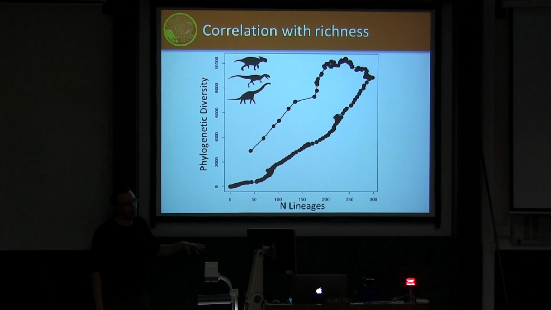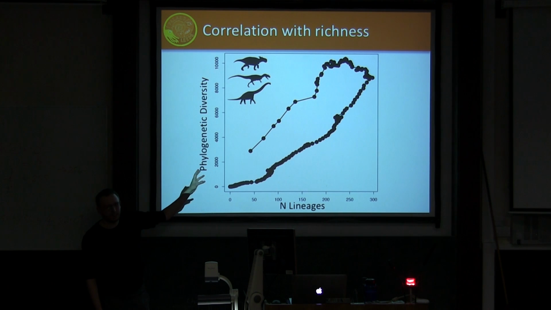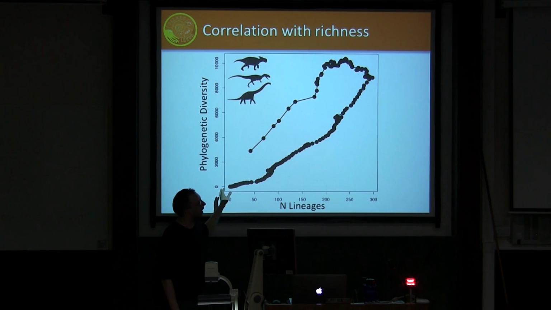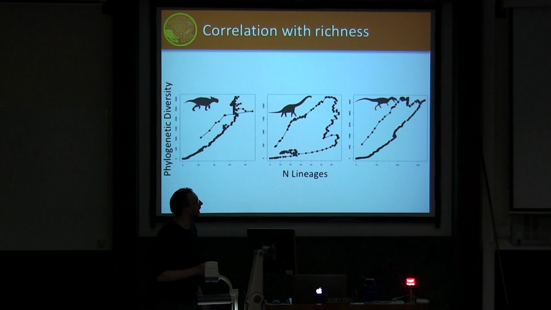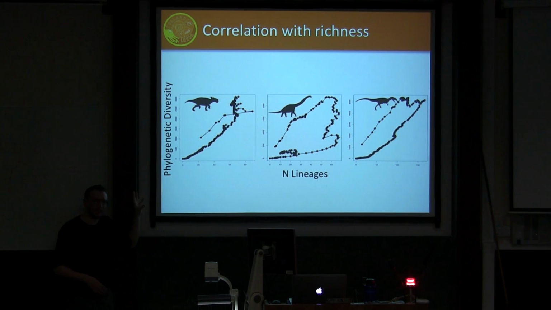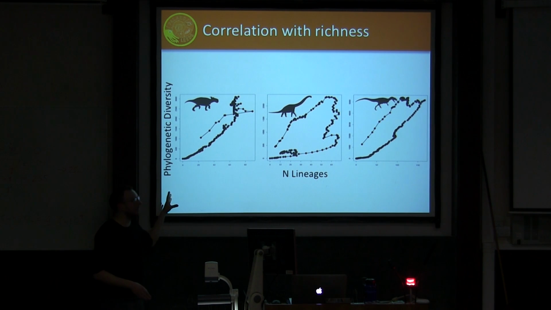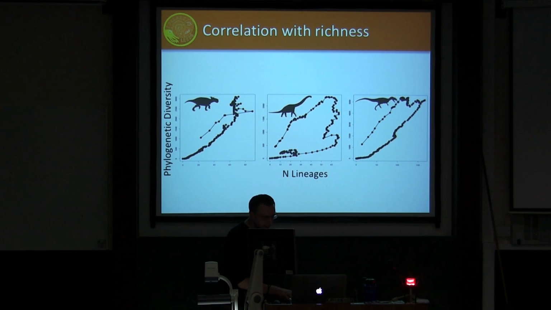So effectively, there's a systematic bias between richness underestimating and then overestimating phylogenetic diversity through the course of the Mesozoic. And this is true again of the subclades. There's clearly something else going on there. So this tells us that phylogenetic diversity is capturing some signal that richness is not capturing, so it is something that we might still want to look at.